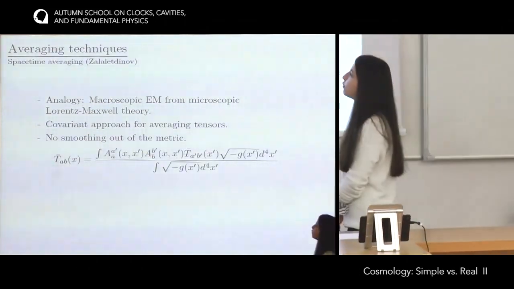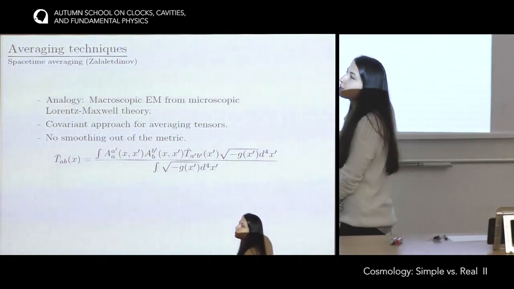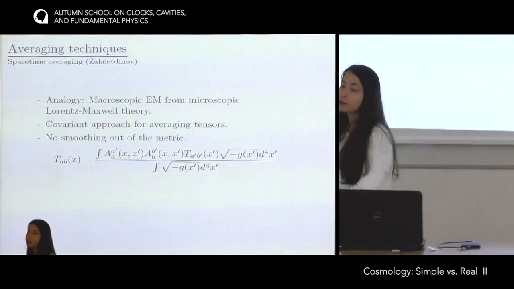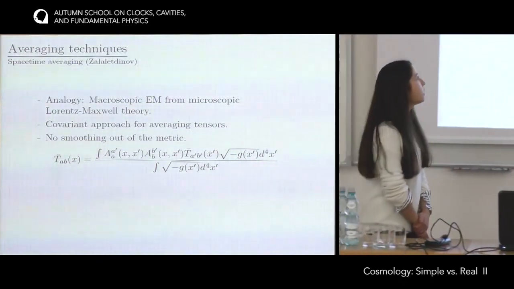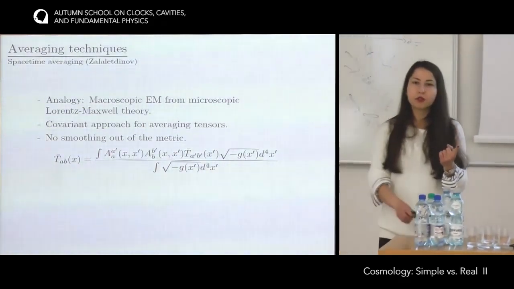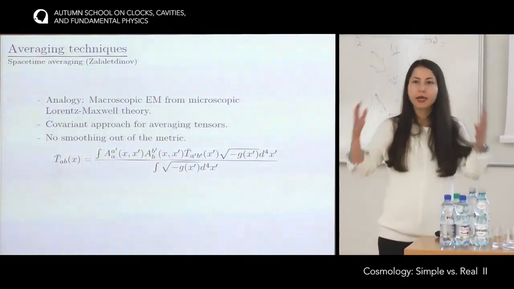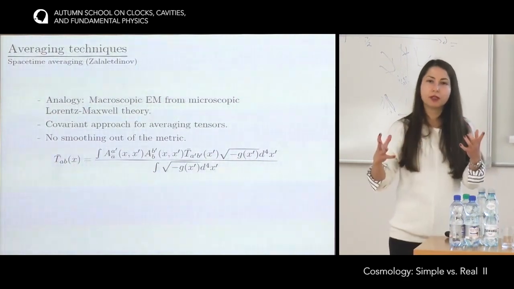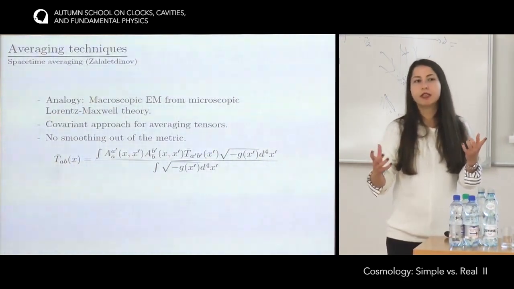And this is how you average your tensor in general. So it doesn't have to be a scalar. You can apply it to any tensor actually. So normally we define tensors at a point. But if you're going to do an averaging of a domain, you need to be able to have a formalism of non-locality, right?